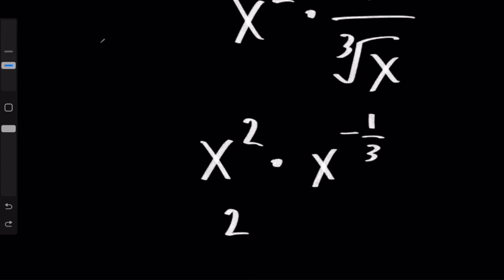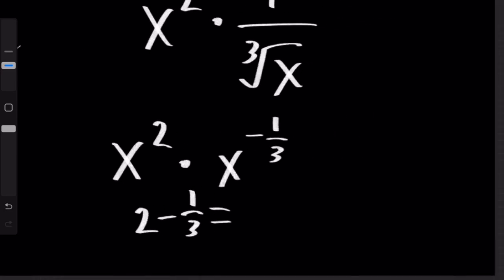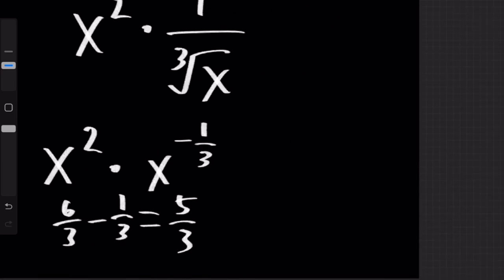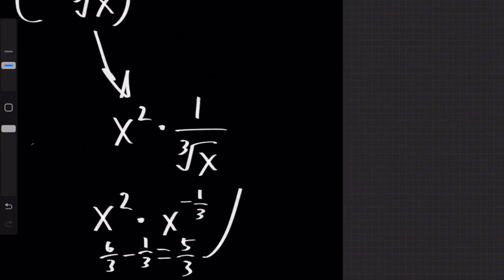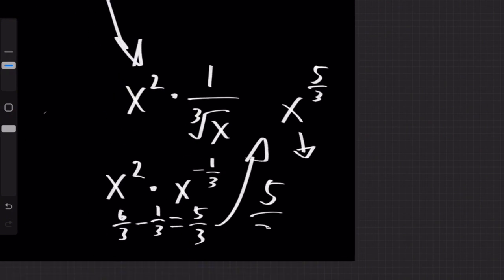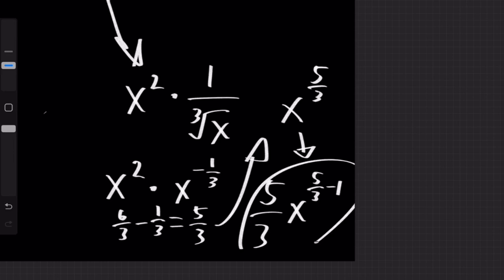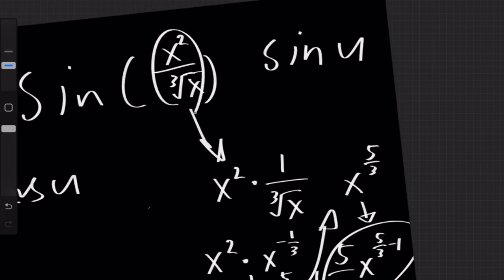So it'd be 2 minus 1/3, which would be equal to 5/3. If we rewrite that whole thing, we would get x to the power of 5/3, and we'll apply the power rule to that, so it's 5/3 x to the 5/3 minus 1, and that's the derivative of this.